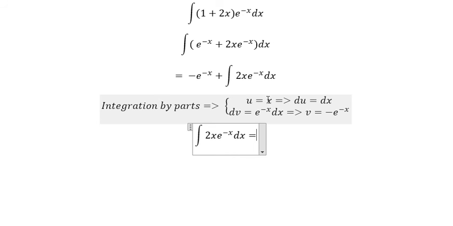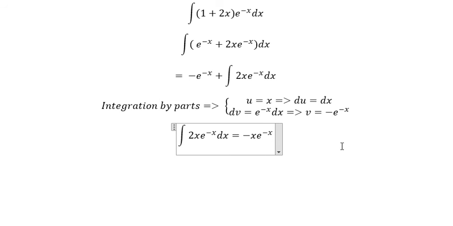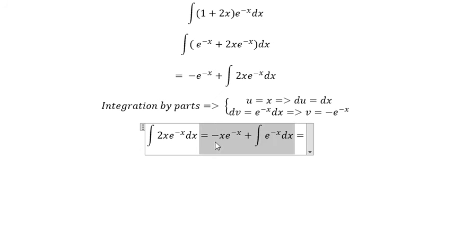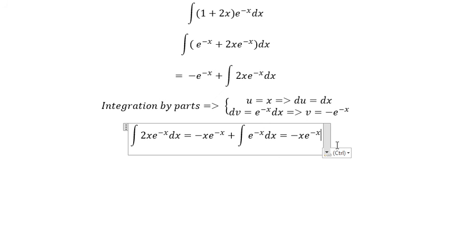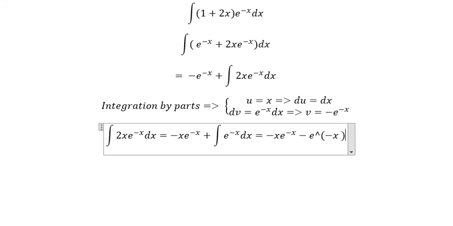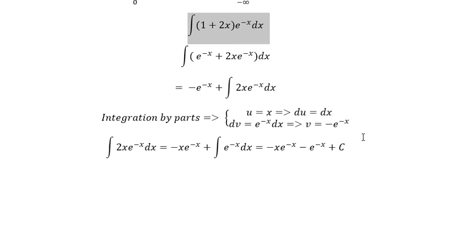So we have s multiplied with negative e to the power of negative s. Because we have the negative, we have the positive next to the integral. And we can find the final answer for this one.